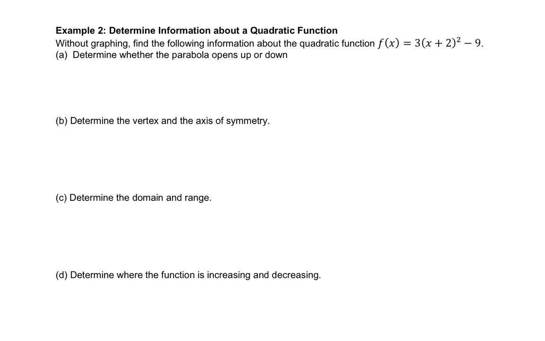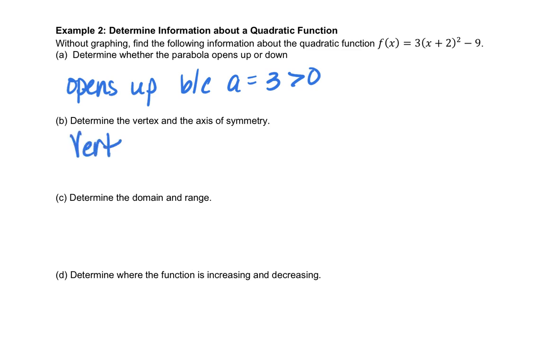Okay? So does it open up or down? So it opens up because A is 3 and that's greater than 0. The vertex, so since this is a positive 2 here, it's going to be negative 2 and that's negative 9.